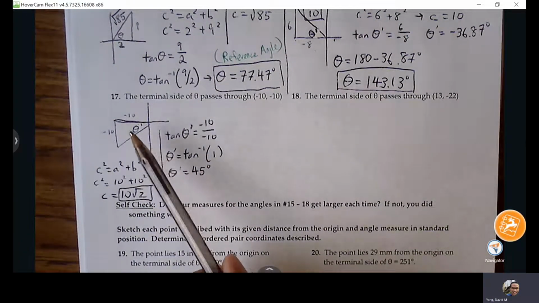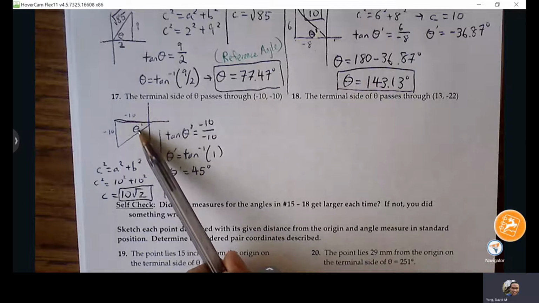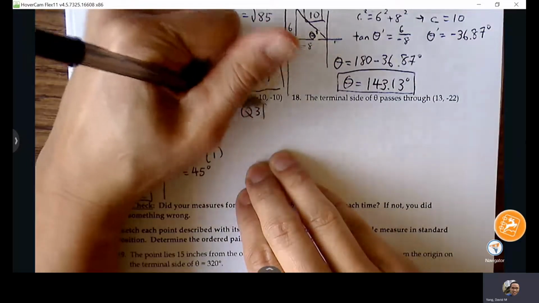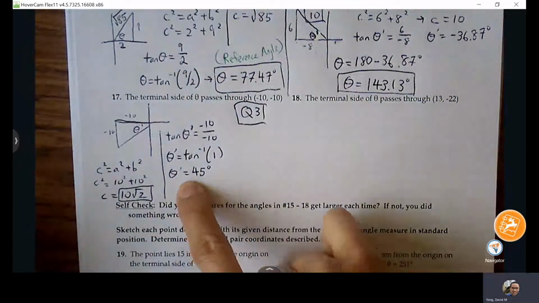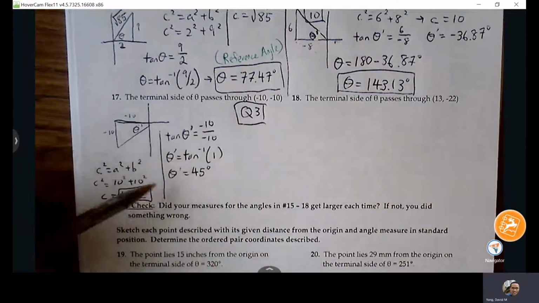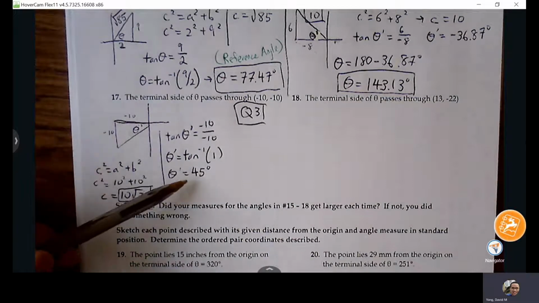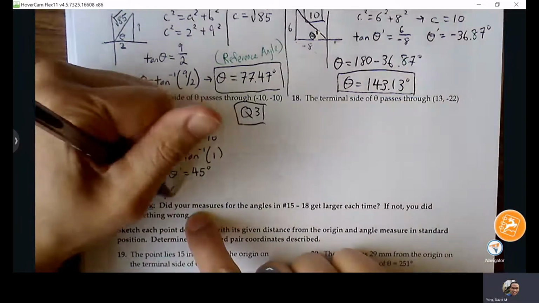So 45 degrees is a measure of this angle, but we know it's going to be in the third quadrant. So we need to provide a theta value that is in the third quadrant. So how do we get there? Yep, add what? 45. Yeah, add 45 to 180.